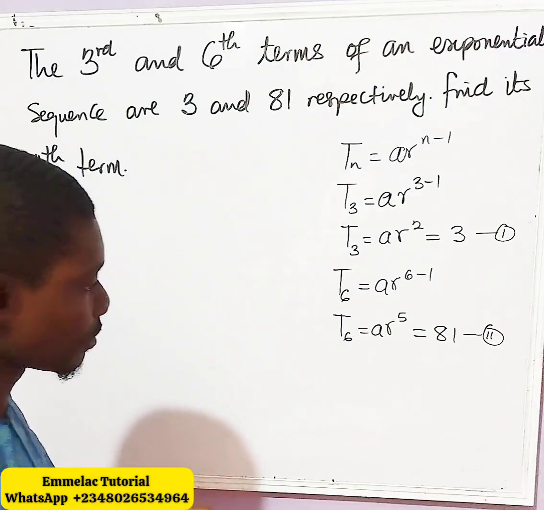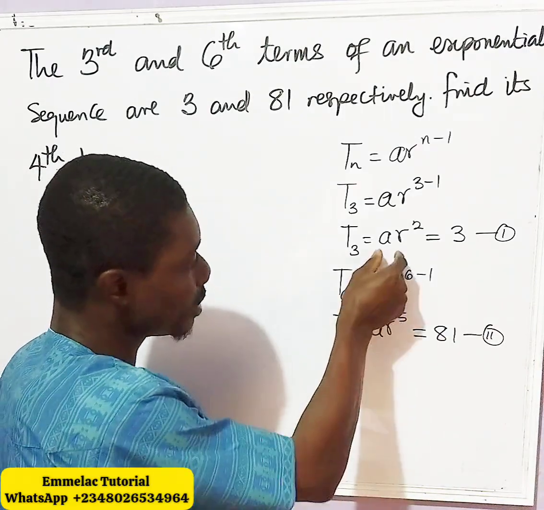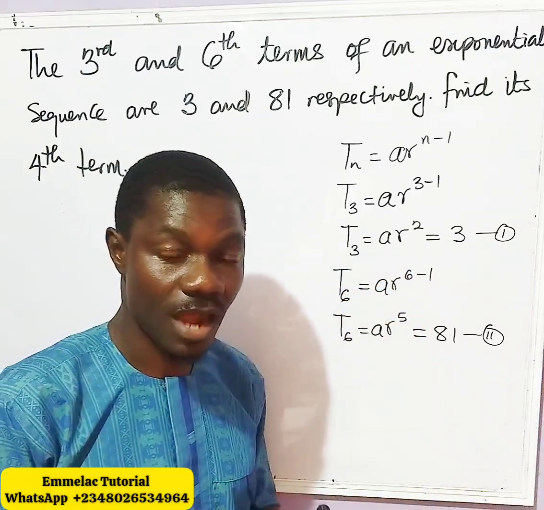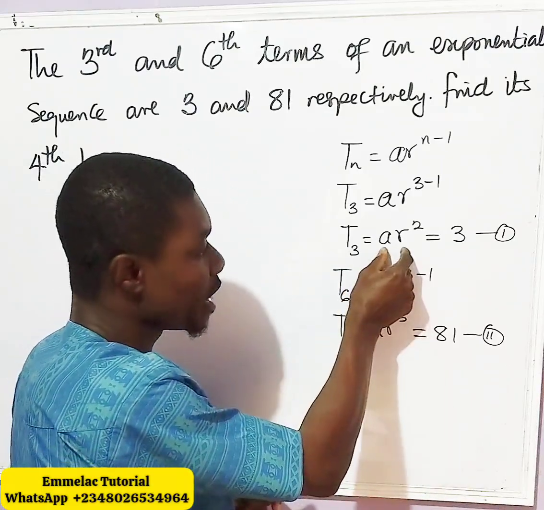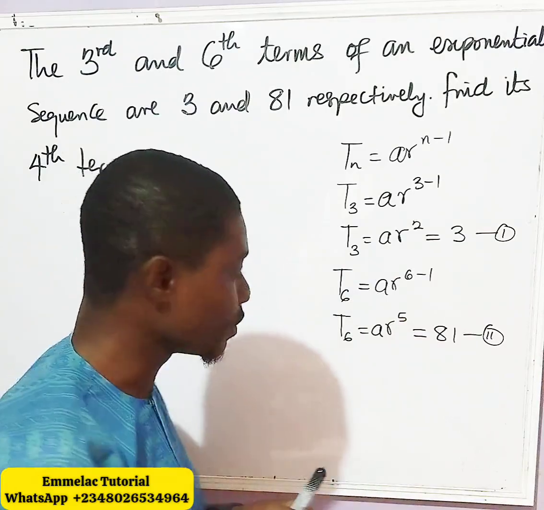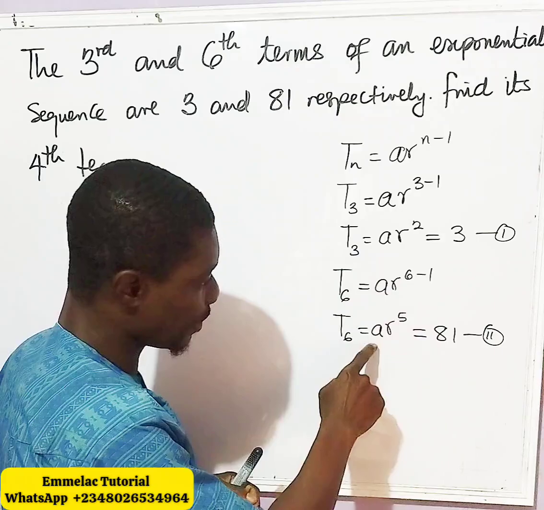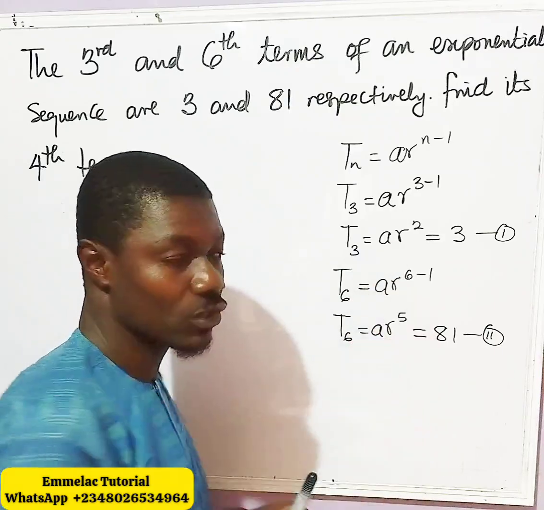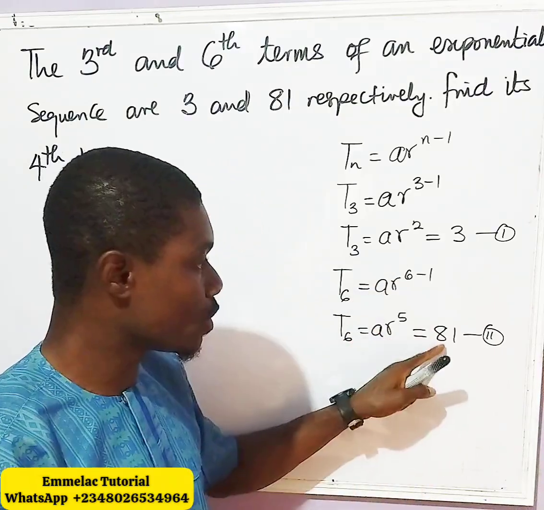Since we have a common term here, take note the arithmetic operation between A and R is multiplication. So all we need to do is divide 2 by 1.